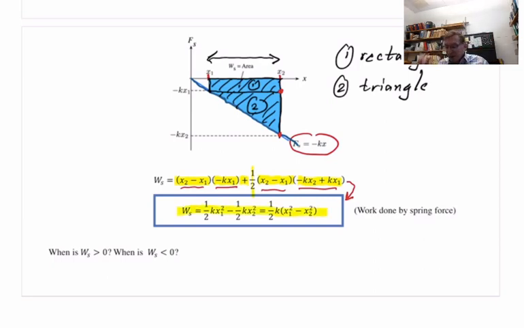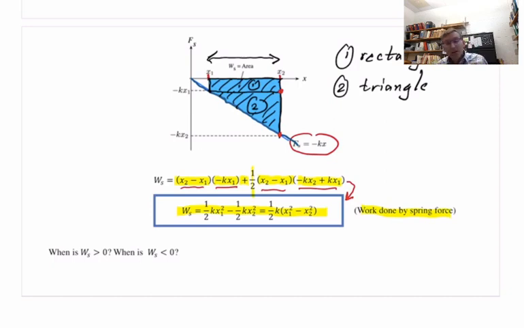This is the formula for calculating the work done by a spring force for a particle moving along an x-axis with equilibrium at x equals 0. What you get is 1/2 times the spring constant times the initial x value squared, x1 squared, minus 1/2 times the spring constant times the final x value squared. If you want to factor out the 1/2 k, it's 1/2 k times, parentheses, x1 squared minus x2 squared.